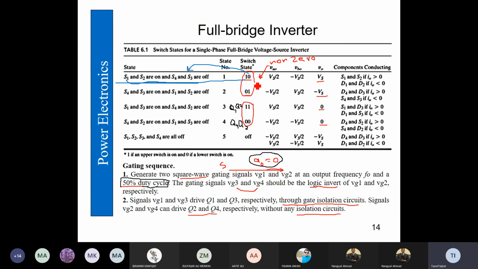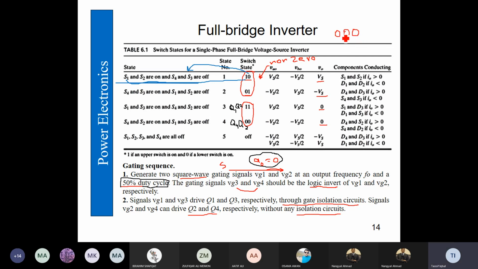These are the switching states, and because we have 4 switches, in these cases we have a combination of 4 switching states. And if the case is for 3-phase, in 3-phase we have all possible switching states equal to 8, because in 3-phase we have 3 phase legs.